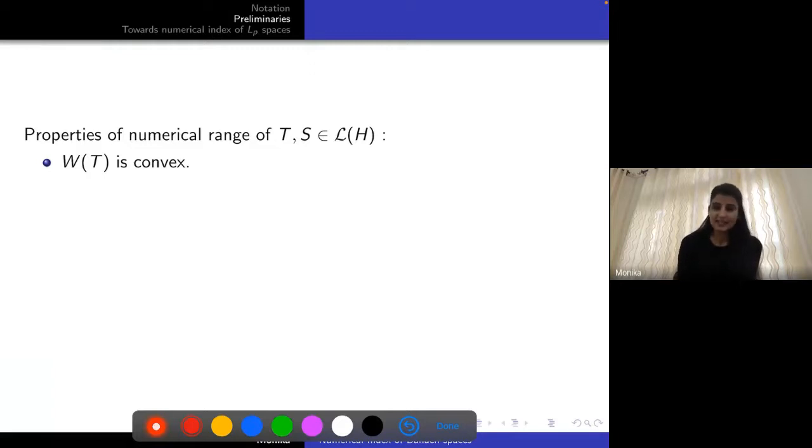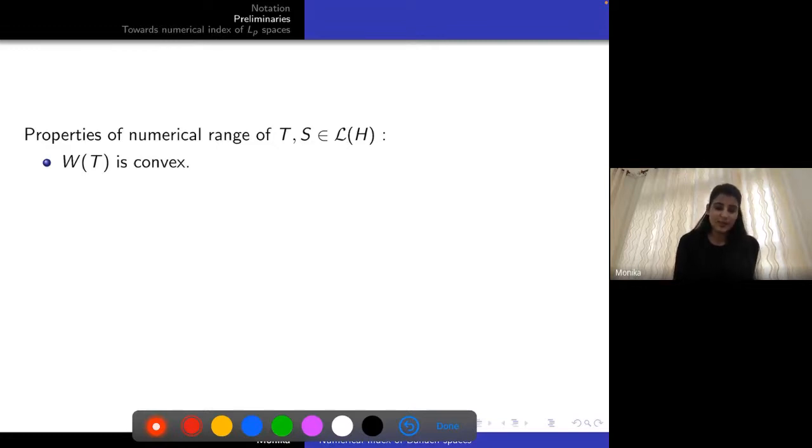The numerical range is basically a set. This set is a convex set. W(T) is always convex. Remember, we are in the Hilbert space setting. So when we are talking about the numerical range of an operator on Hilbert space, W(T) is convex.